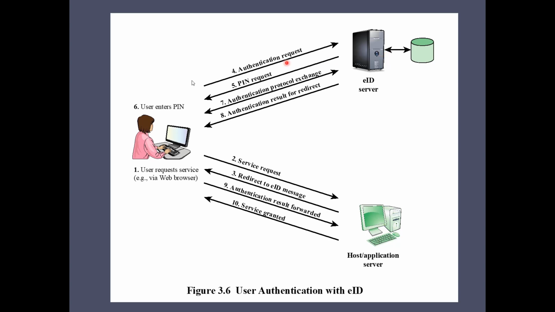They will ask the user for a PIN, then it will be sent via authentication protocol exchange, and then the result of the authentication will be returned by accepting or rejecting. If it is accepted, the authentication result is forwarded to the host server and the service is granted. Otherwise, it will be rejected.